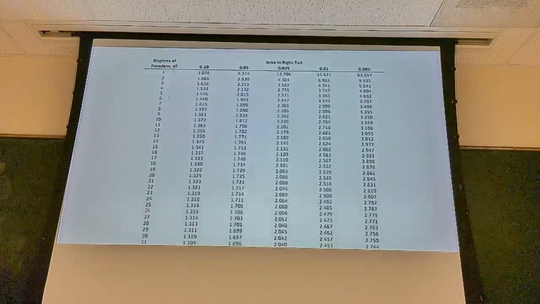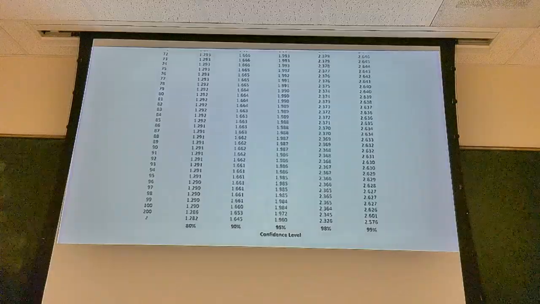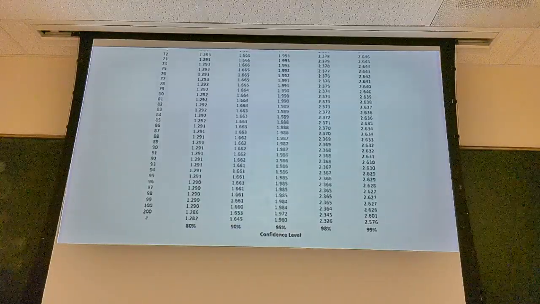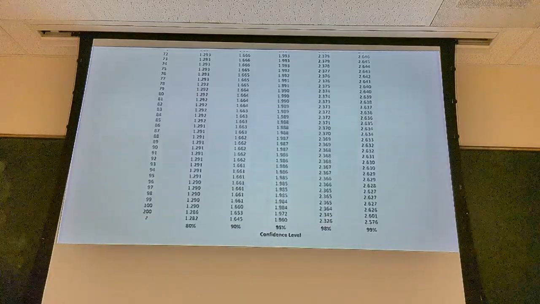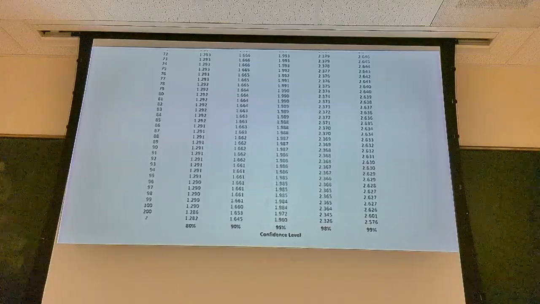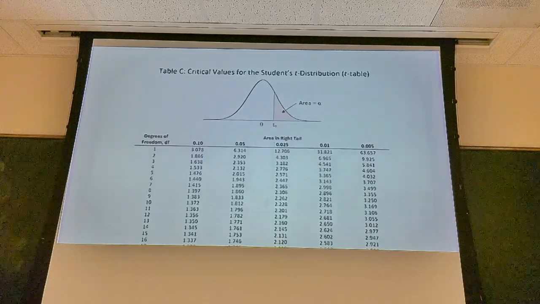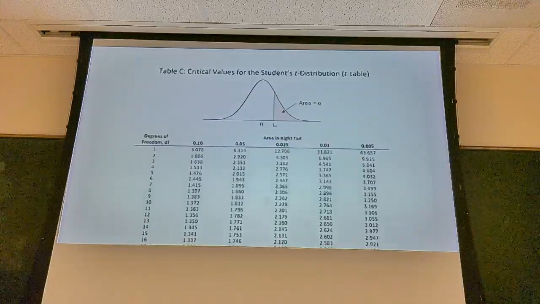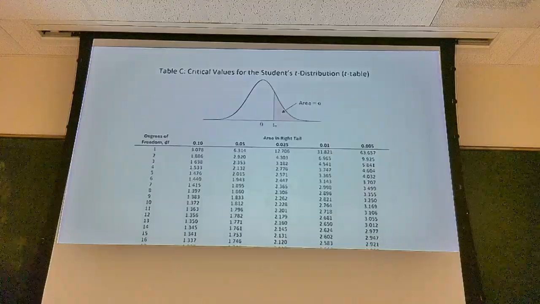You'll have degree of freedom, and the chart only goes to degree of freedom of 200. Anything more than that, it's a Z. I don't think we ever have to worry about sample sizes that large. And then it gives you only what? 1, 2, 3, only 5 areas. Which means it's going to be a real problem if our alpha isn't one of those 5.